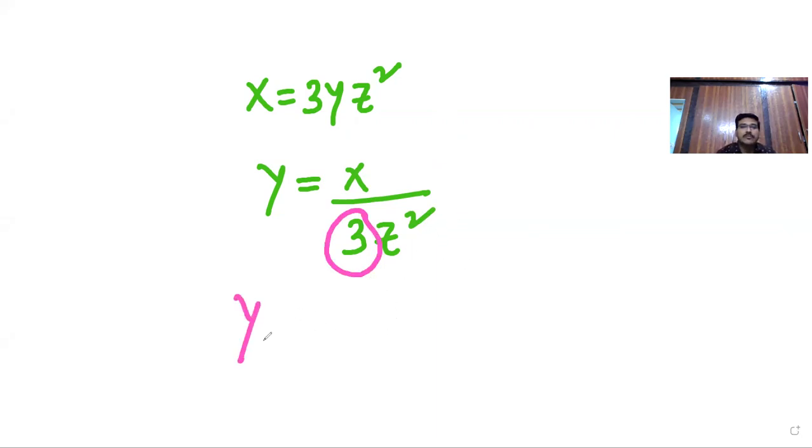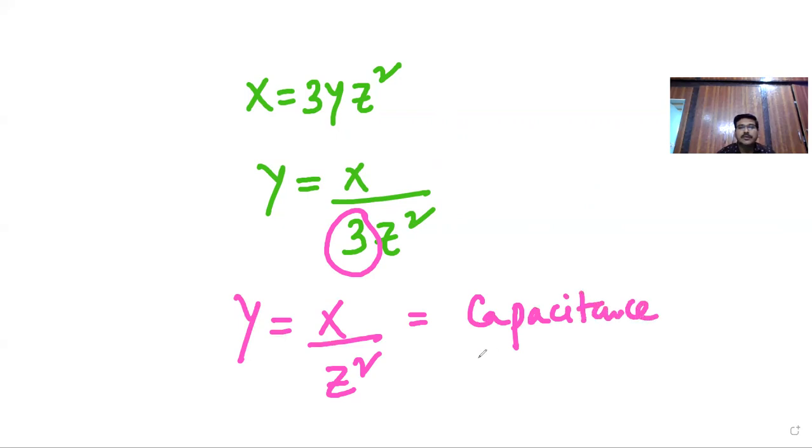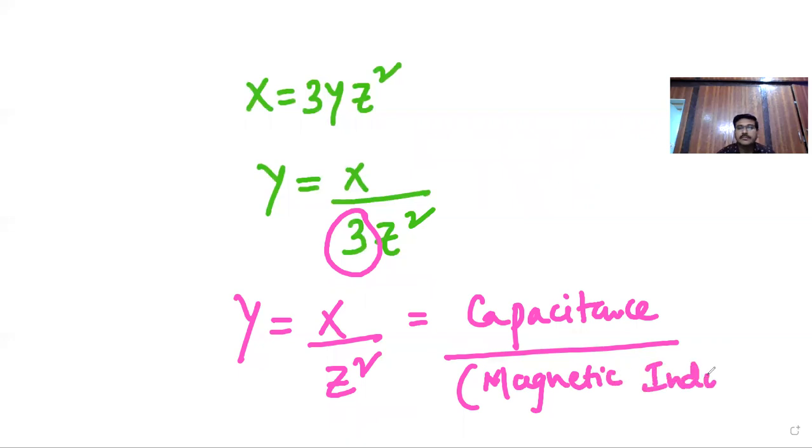Hence, the dimension formula of y is x by z square. What is x? X is capacitance. And z is magnetic induction, so magnetic induction whole square. Clear?